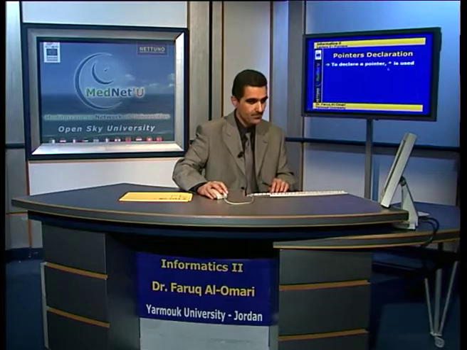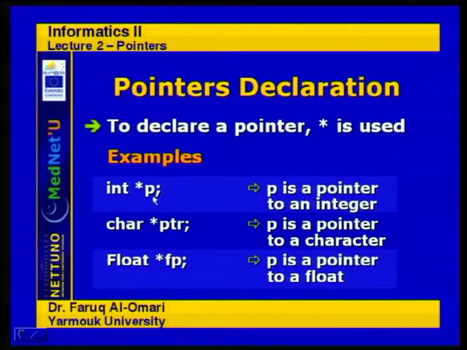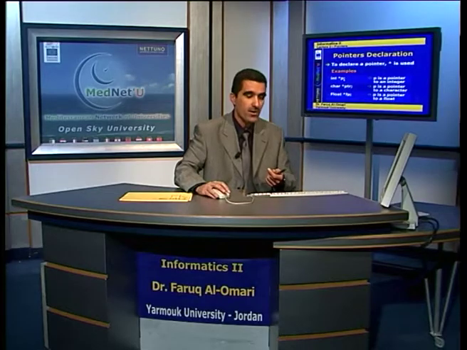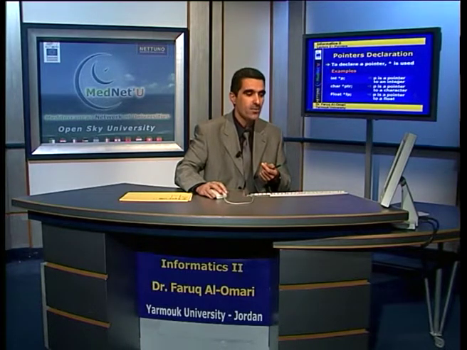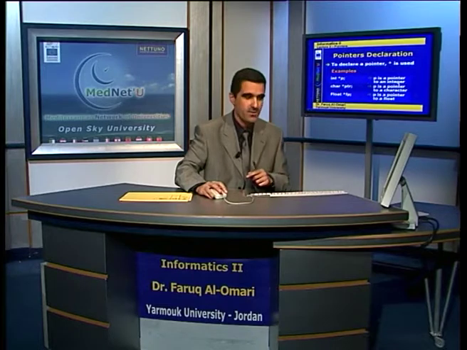Instead of just saying integer x, I would say something like integer asterisk p. So p here is not an integer, actually. It's a pointer, an address in memory to a variable of type integer. So p is a pointer to an integer. That's how we say it in C.